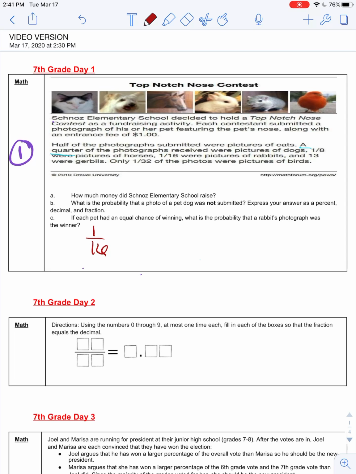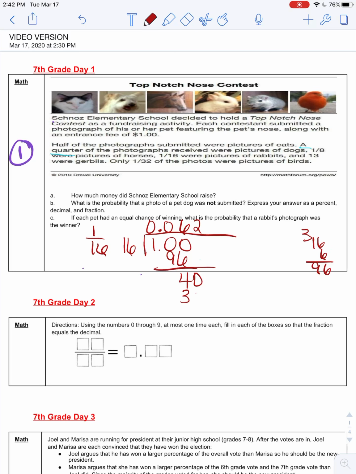Or if you wanted to put it in percentage, you would do 1 divided by 16. I'm going to say that's about 0.06, and then 2, and so on.